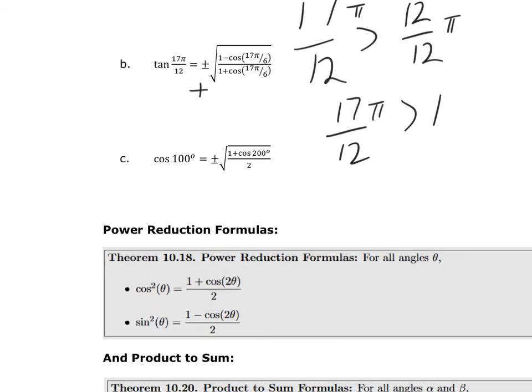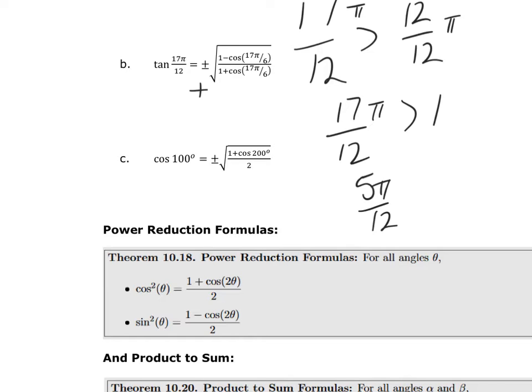Now, to figure out whether I'm into the next quadrant or not, I know I'm at least in quadrant 3, possibly quadrant 4. If I pull off a 12 pi, I end up with 5 pi over 12. 5 pi over 12 is less than halfway. So I know 17 pi over 12 is in quadrant number 3.